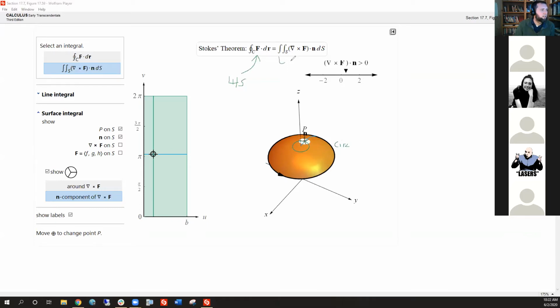This is the right-hand side right here. So circulation around the outside is equal to the sum of the spinniness across the whole surface. One thing to note is that this picture is focusing in on the normal component. Notice we're always asking ourselves about the flux that's perpendicular to the surface.